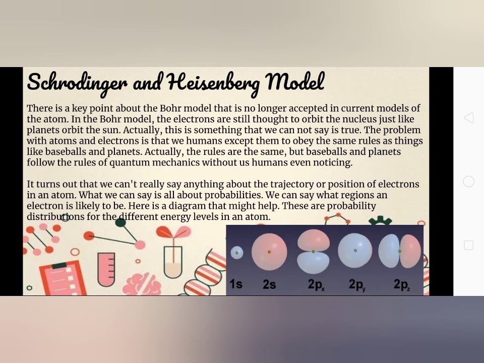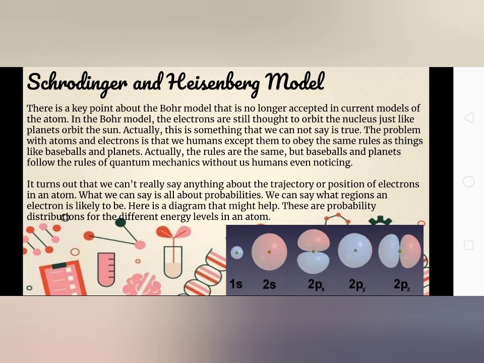Next, the Schrödinger and Heisenberg model. There is a key point about the Bohr model that is no longer accepted in current models of the atom. In the Bohr model, the electrons are still thought to orbit the nucleus just like the planets orbit the sun. Actually, this is something that we cannot say is true.